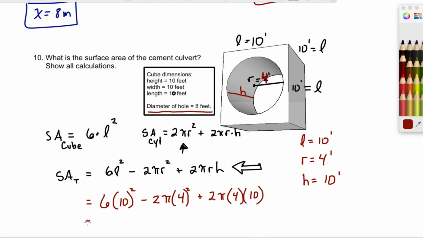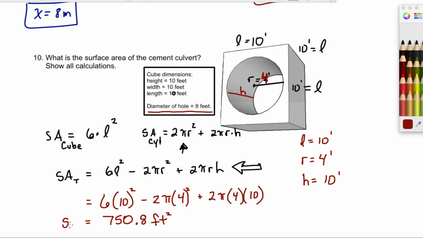Okay. So I'm just going to use the calculator here and put the whole thing in. And then it's good to do the whole equation in the calculator, in my opinion, because then we can check to see if there's an error and look on the calculator and see the whole solution laid out. 750.8, so 750.798 square feet.